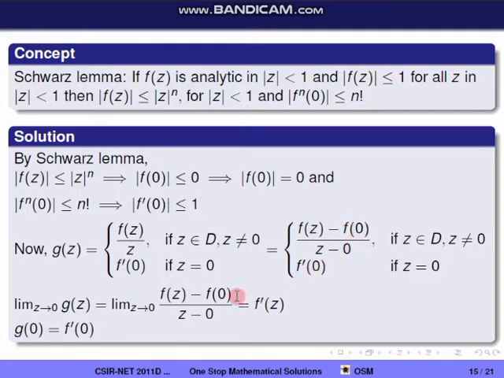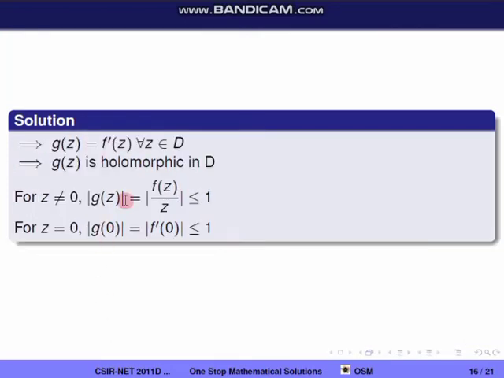So now I am taking the limit. Limit z tends to 0 of g(z) equals limit z tends to 0 of (f(z) - f(0))/(z - 0). This is nothing but the definition of f'. So we got that g(0) = f'(0). Also for every z in D, g(z) = f'(z).